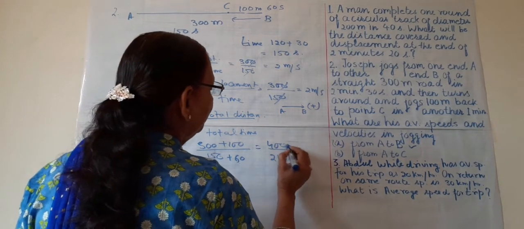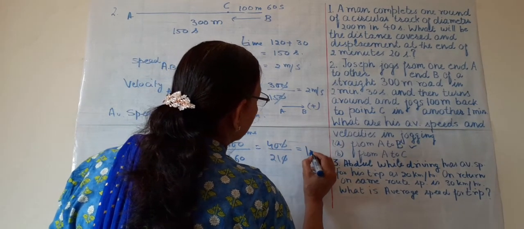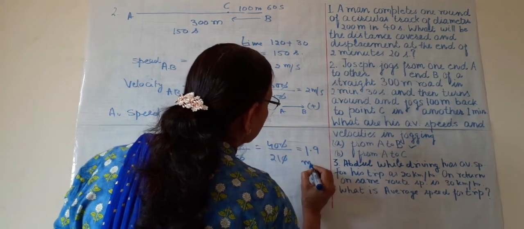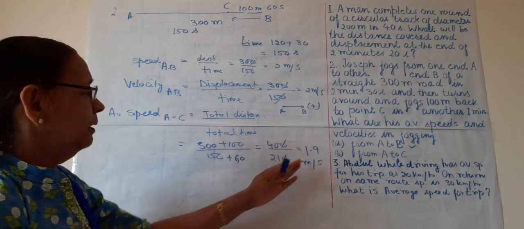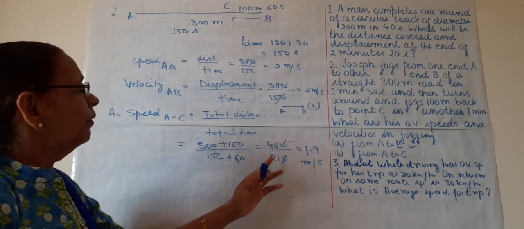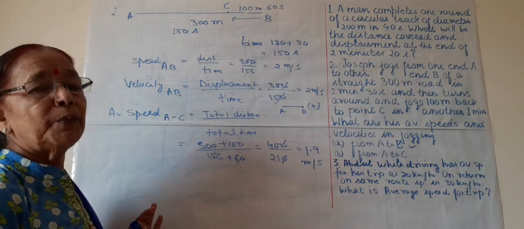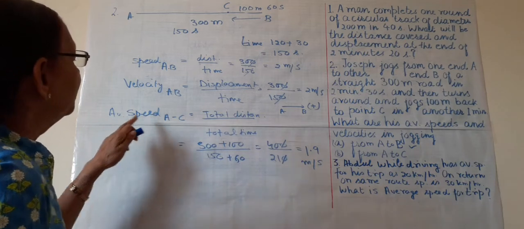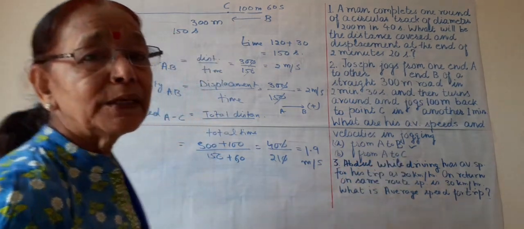So what will it give? You calculate, it will give something like 1.9 meters per second. Roughly I thought 40 divided by 21, it will be somewhere around 1.9 meters per second. So this will be the average speed from A to C.